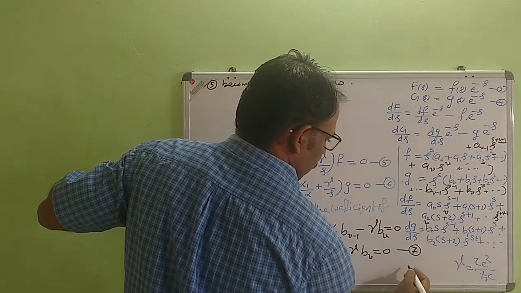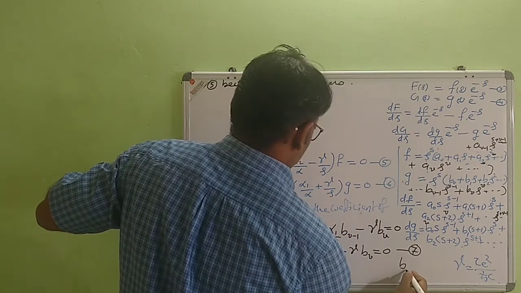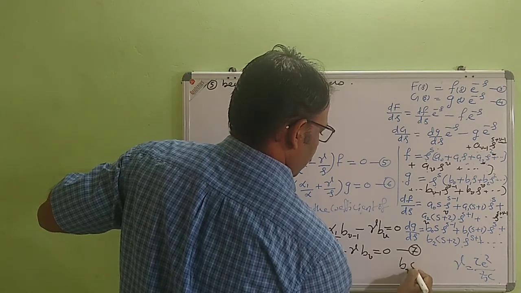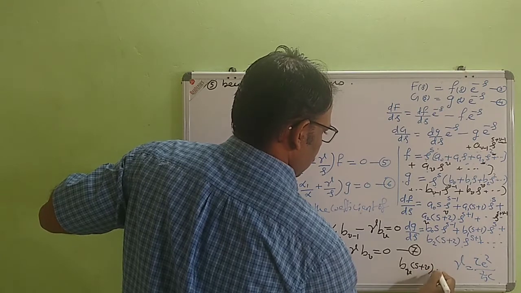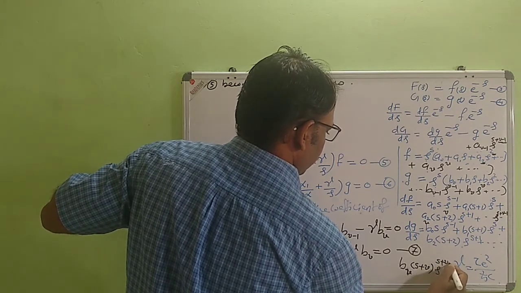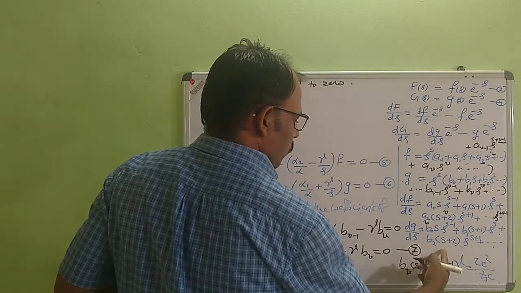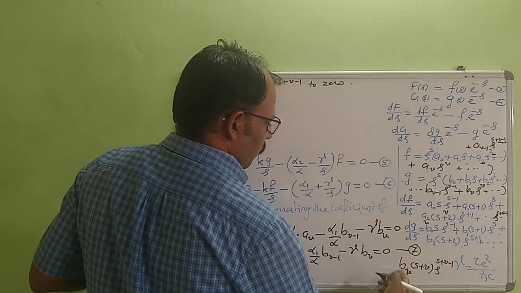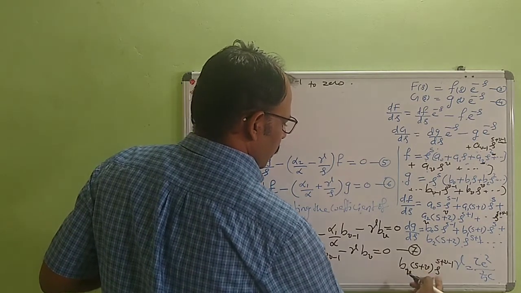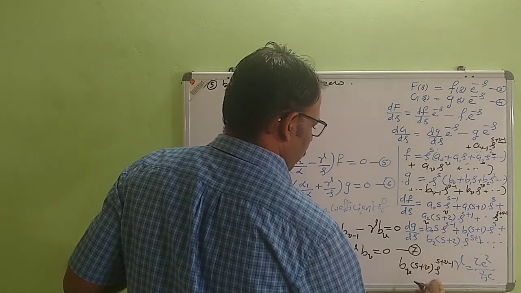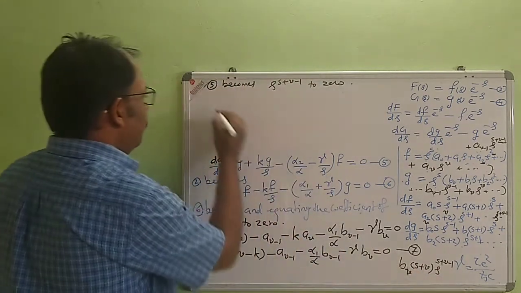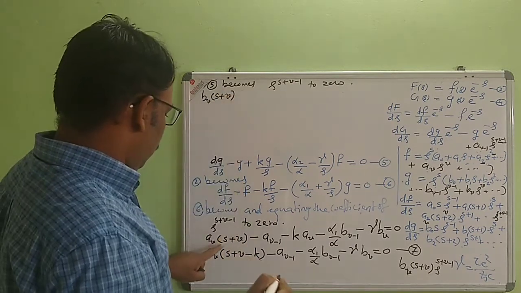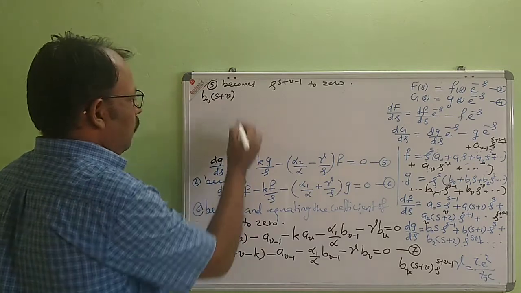So in a similar way, we will be having b2 s plus 2 rho raised to s plus 1, and one time bv s plus v rho raised to s plus v minus 1. So the coefficient of rho raised to s plus v minus 1 will be bv s plus v. Now minus g.